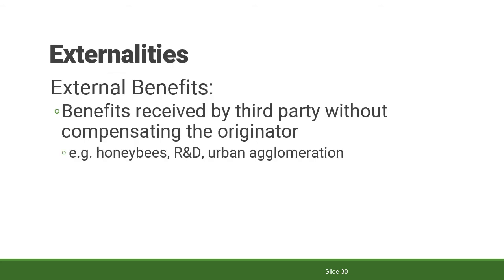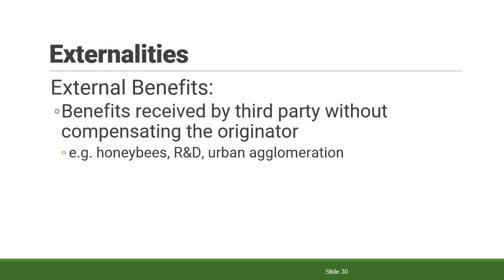Another type of externality, and this is the type of externality we want, are external benefits. These are benefits received by a third party without compensating the originator. Some really good examples of these are honeybees, R&D, or urban agglomeration. When you think about honeybees, people who cultivate honey essentially do it for the sake of collecting honey and then selling the byproduct to the public for consumption.